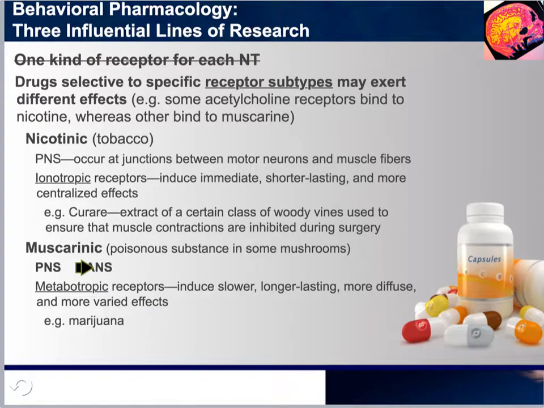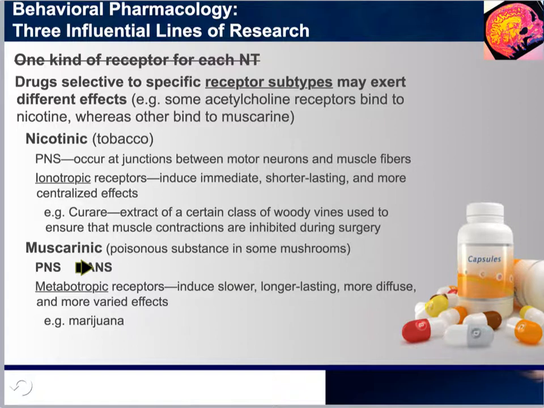Now, this would bind to the metabotropic receptors, which have unique characteristics different from the ionotropic receptors. Instead of inducing an immediate response, they induce a slower response. Instead of having a short effect, they're longer lasting. And rather than being centralized, they're a lot more diffused, with more varied effects. And so we look at marijuana being one of the examples for this.